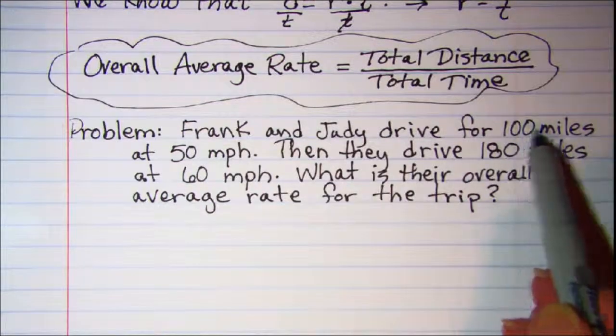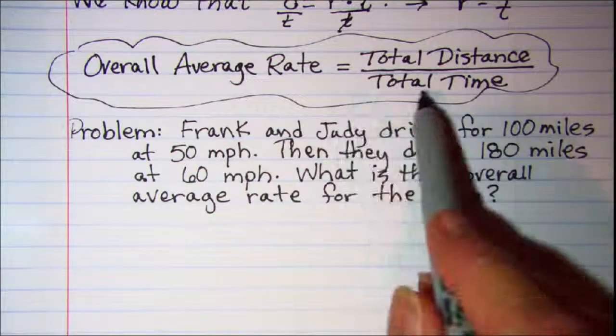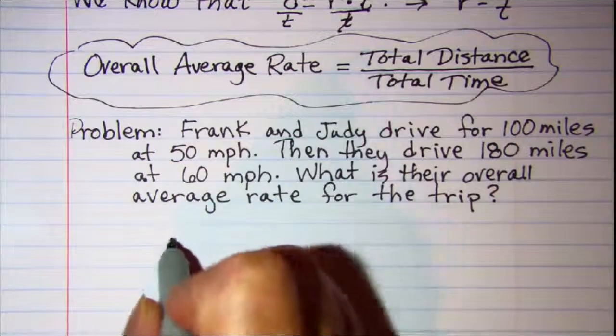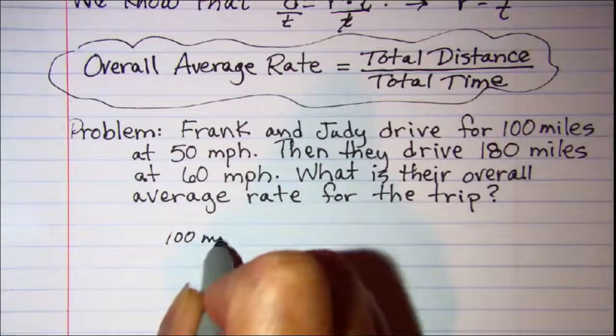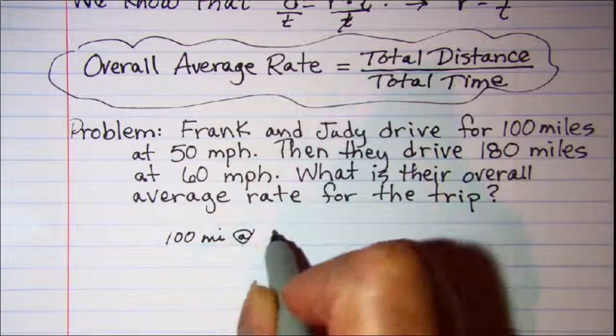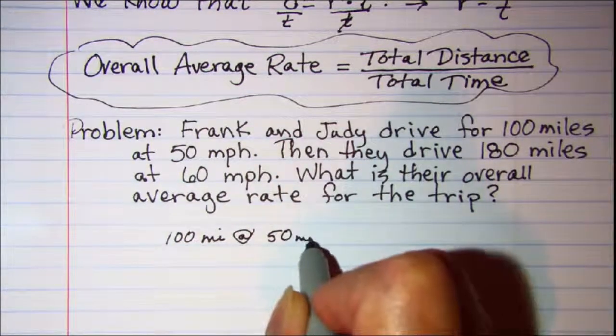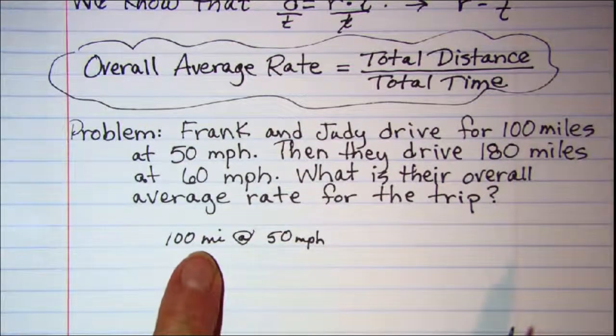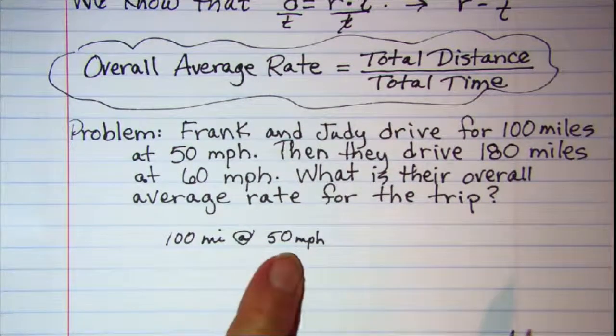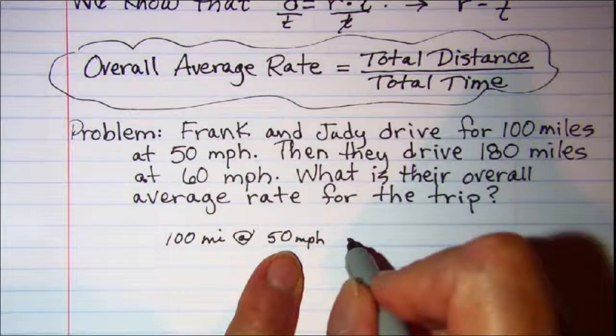They have 100 miles, but I need the time also. So if I have 100 miles at 50 miles per hour, I know that I can take my distance divided by my rate to get my time.